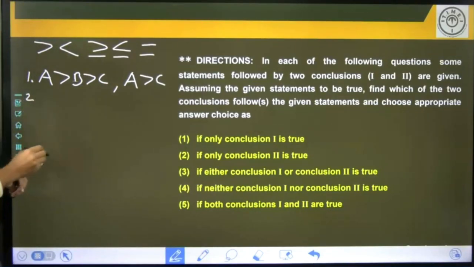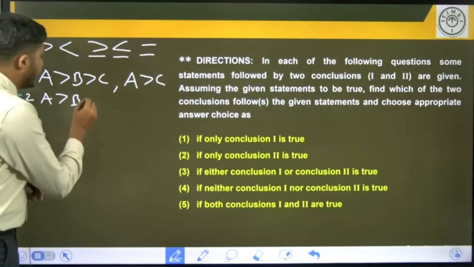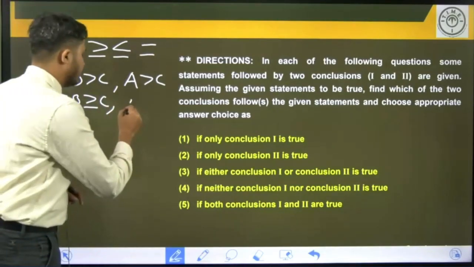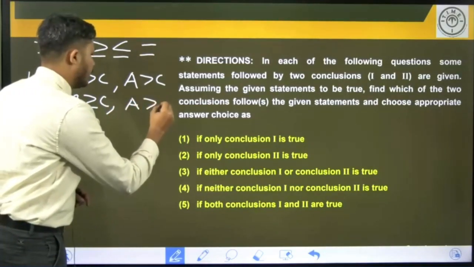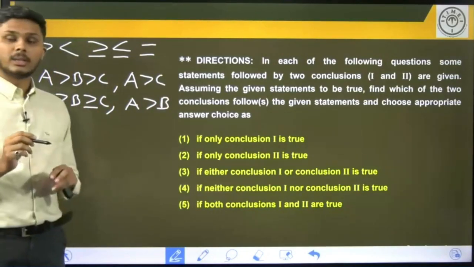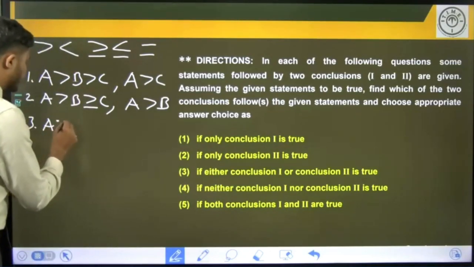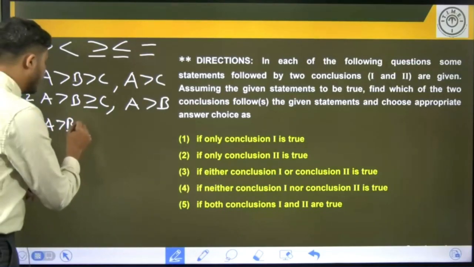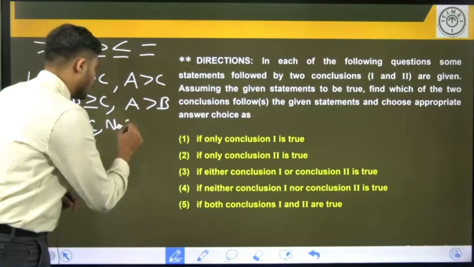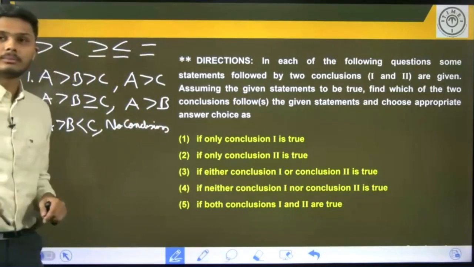The second shortcut: if A is greater than B and B greater than or equal to C, the end result will be A greater than B. And the third shortcut: if the symbols are opposite, A greater than B and B less than C, no conclusion can be formed.